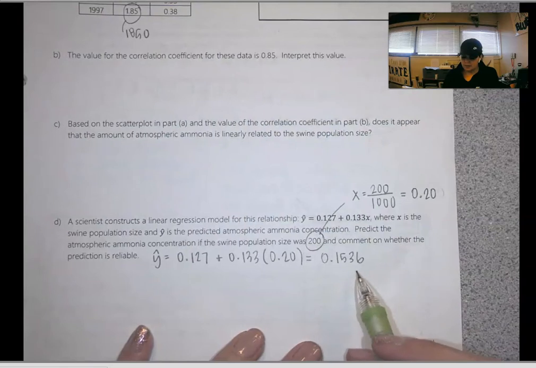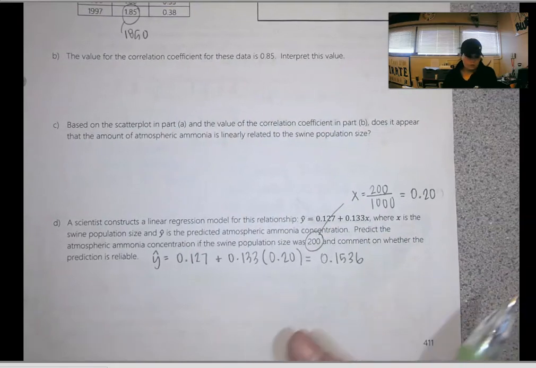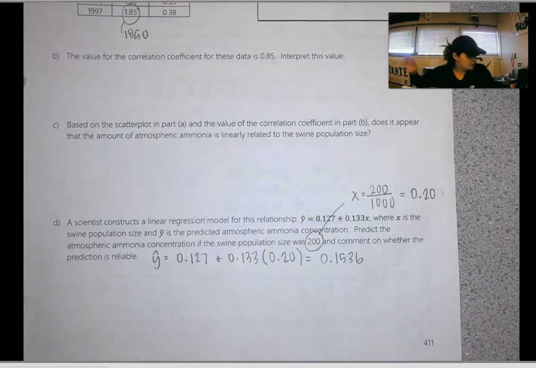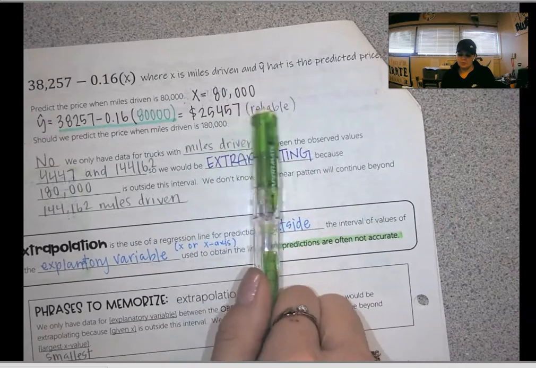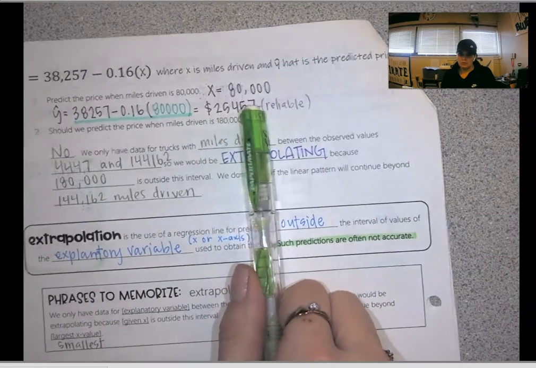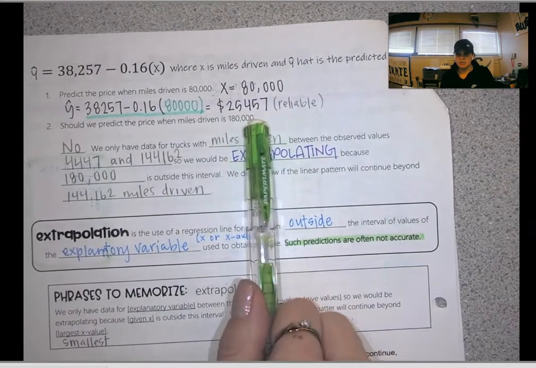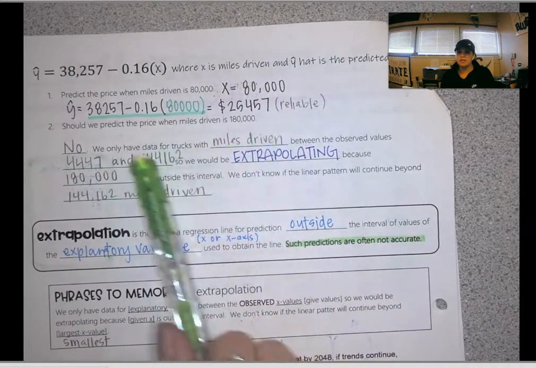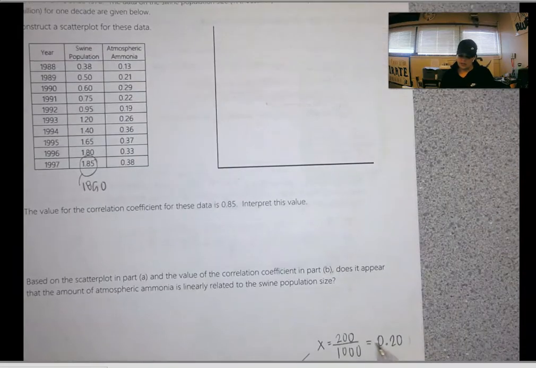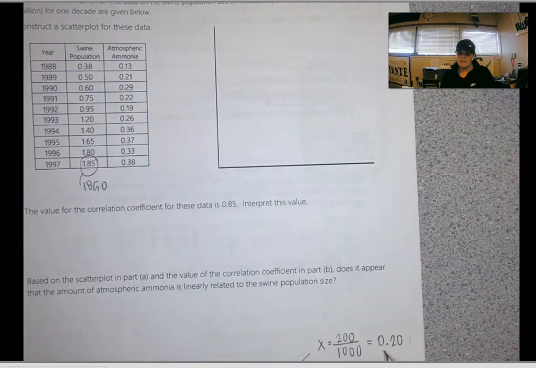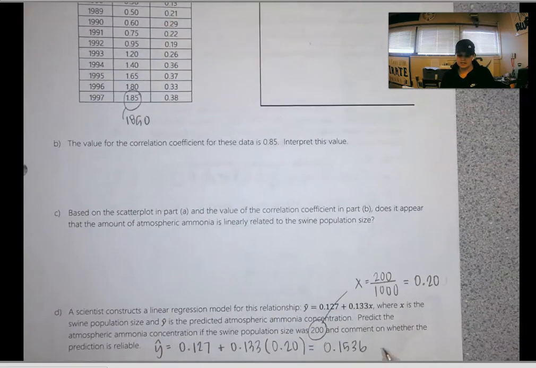So is this prediction reliable? Well, back in our notes, the last thing we left off on was extrapolation. What makes a prediction reliable is that the value we predicted is inside our observed data set. So we have to ask ourselves, is a population of 200 in our observed data set?